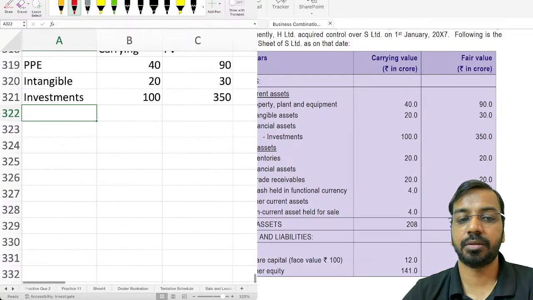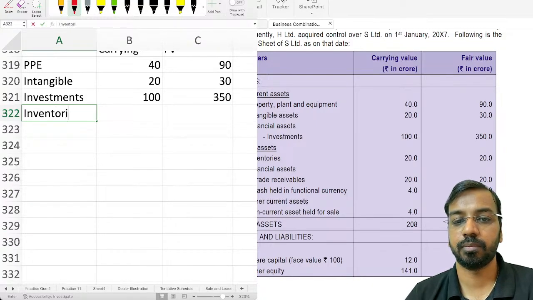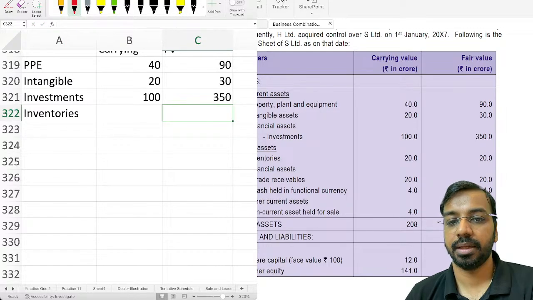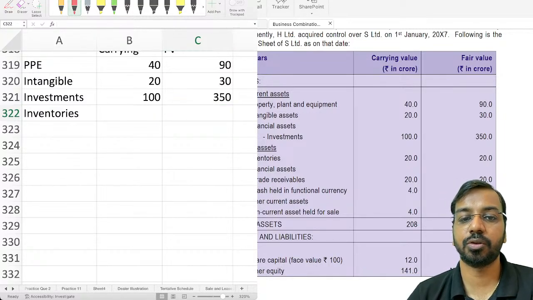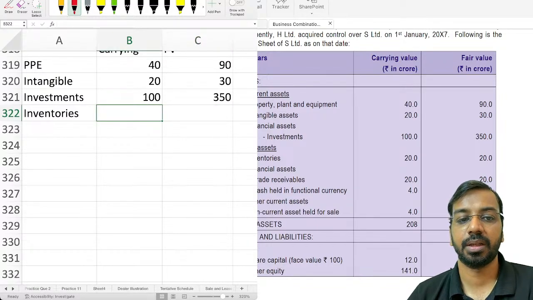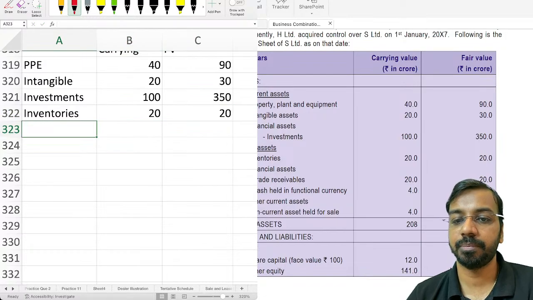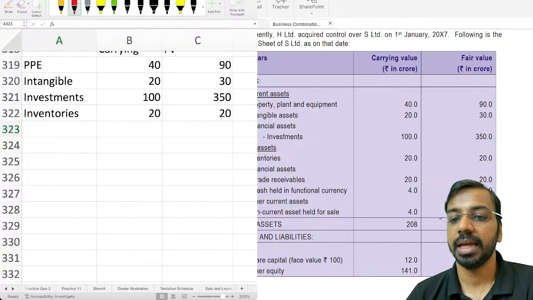Then inventories 20. So for inventory there is no change. Then financial assets, trade receivable 2020, cash 44.